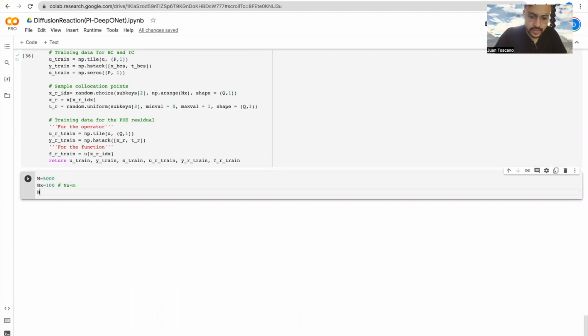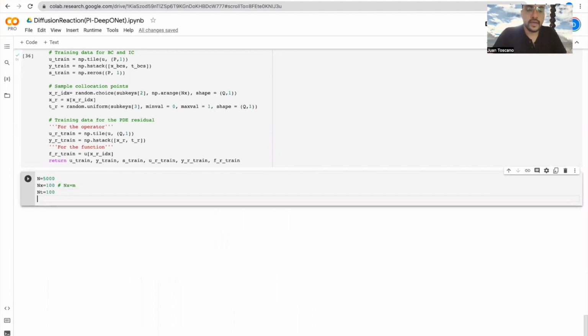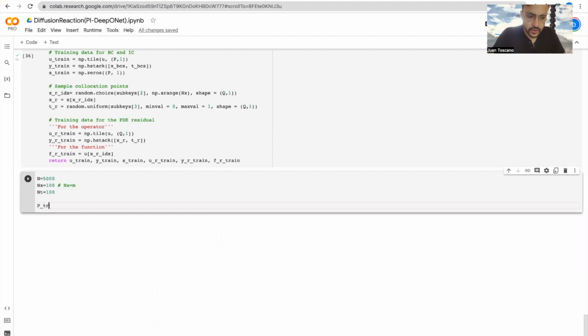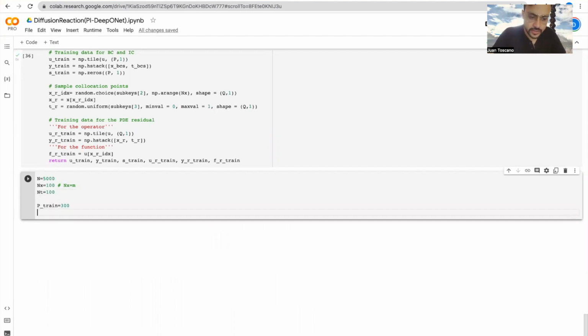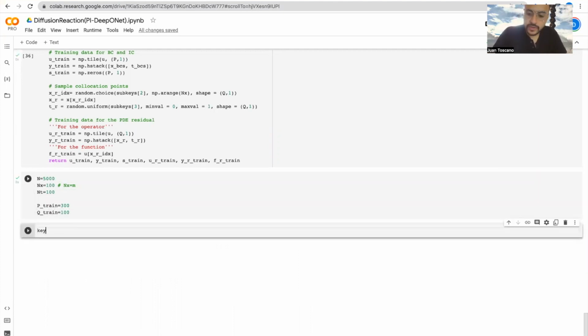The number of steps in time, we will also set it to 100. And the number of output sensors, 300. The collocation points, 100, the same as before. We need a random number. Remember, random dot PRNGKey, and it takes 0.